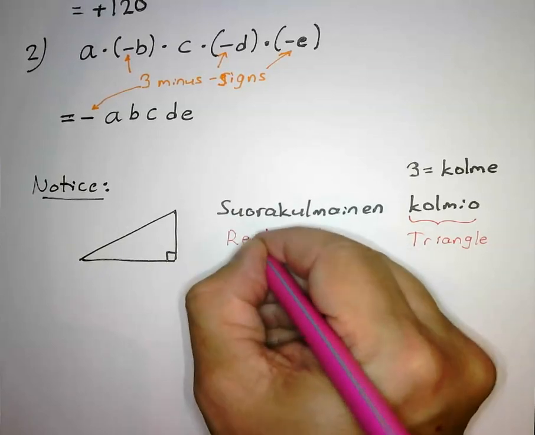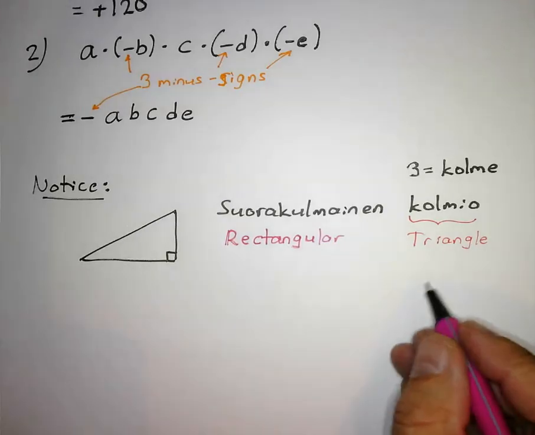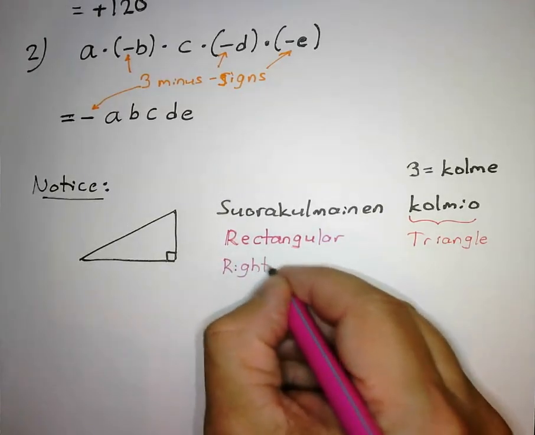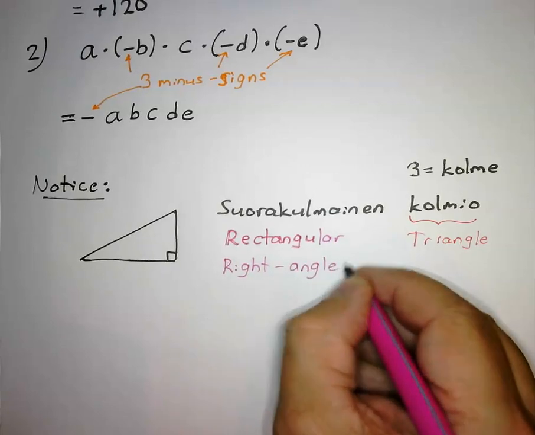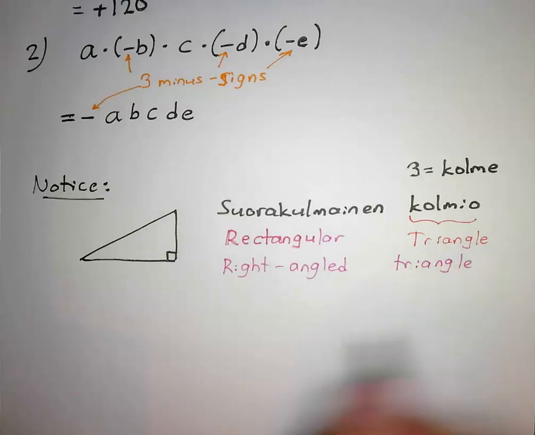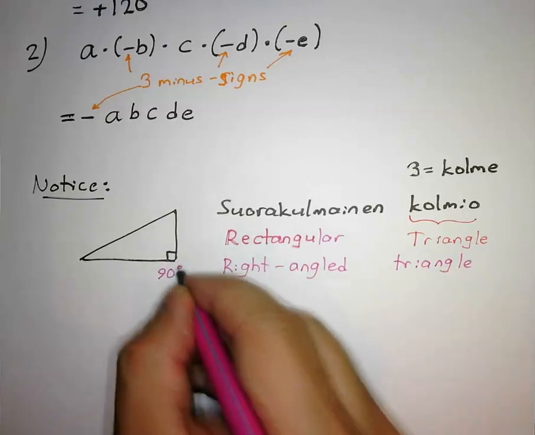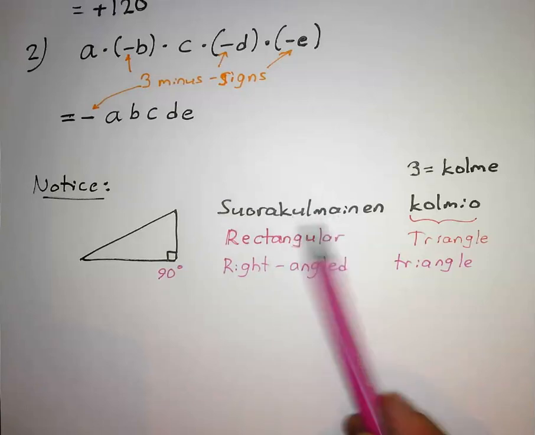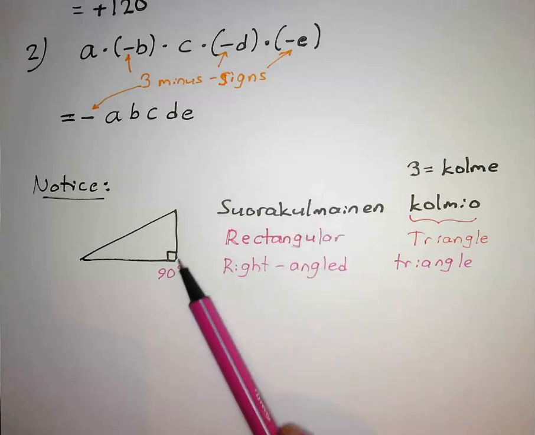Rectangular triangle, or right angled triangle. So it means that there is one angle which is 90 degrees. That means rectangular or right angled. Suorakulmainen. Kulma in Finnish is angle.